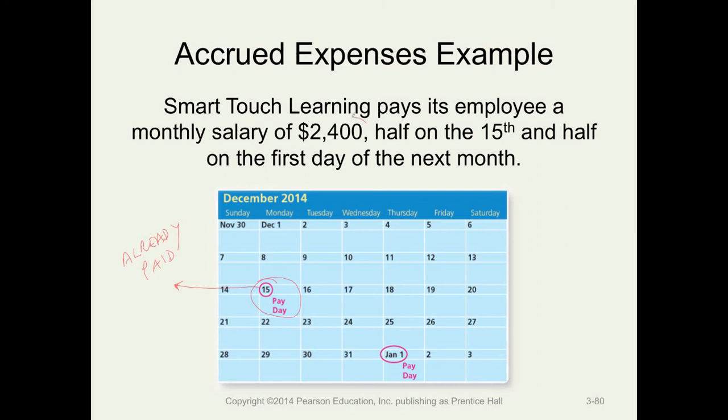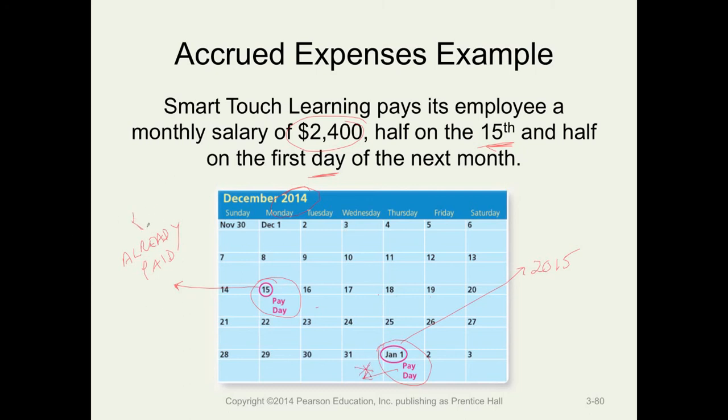So out of the $2,400, you pay on the 15th and the first day. It happens that this is 2015, but on December 31st, you have to accrue the salary for the last half of the month. So on December 31st of 2014, you have to make an adjusting entry.